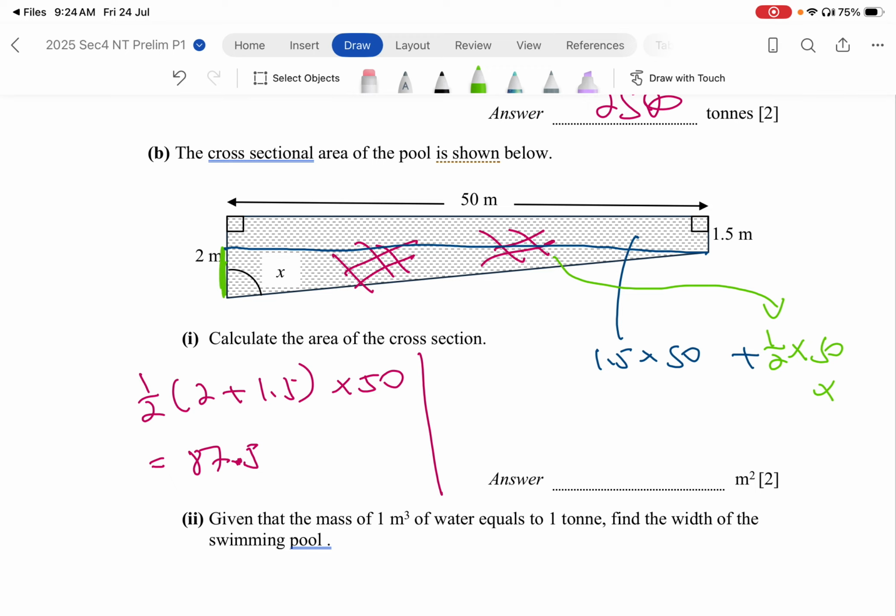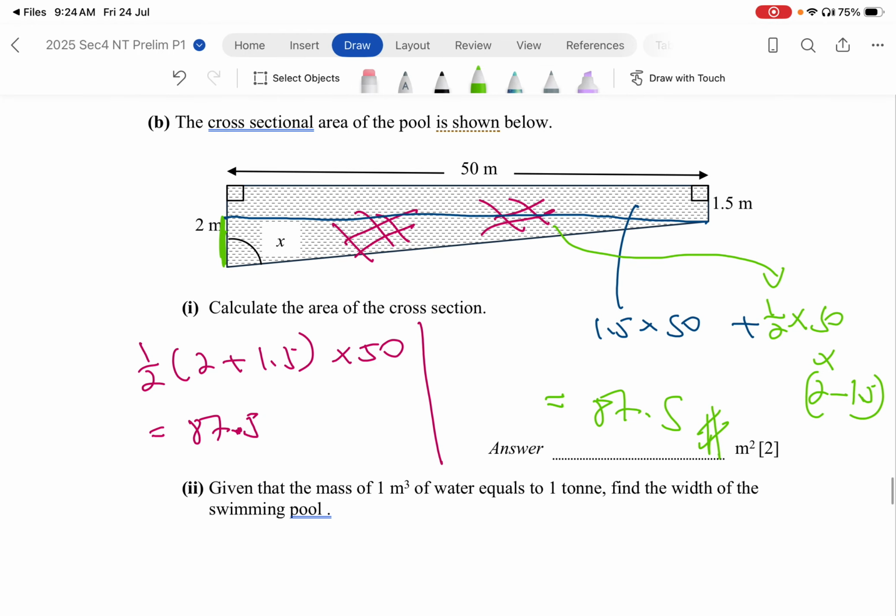The base here is 2 meter minus 1.5, which is 0.5. That will give you a total area of 87.5 also. You'll get the same answer, just a different calculation. You can either take the area of the trapezium or cut the shape into a rectangle and a triangle. Then you solve from there.